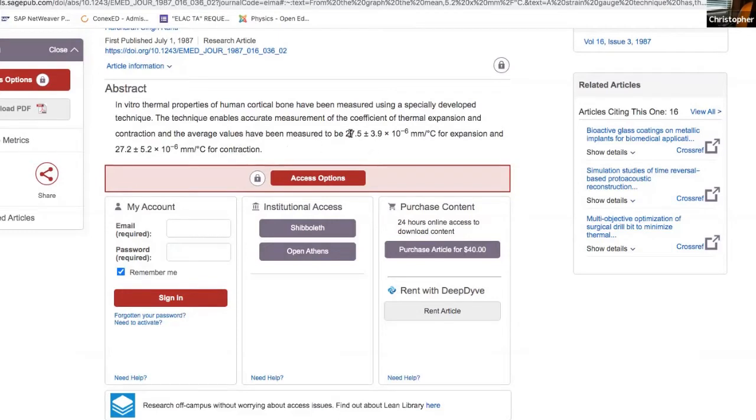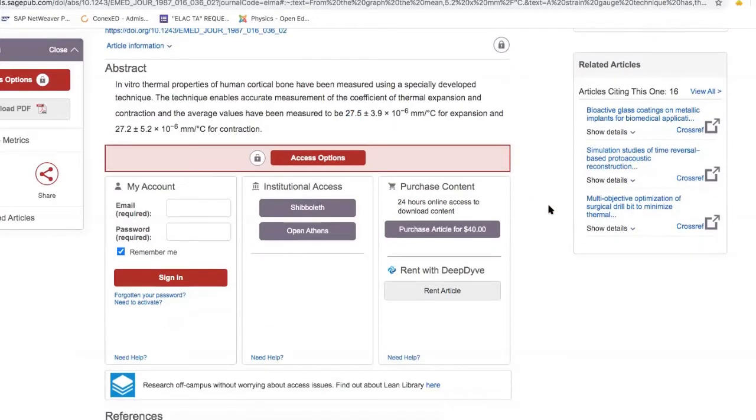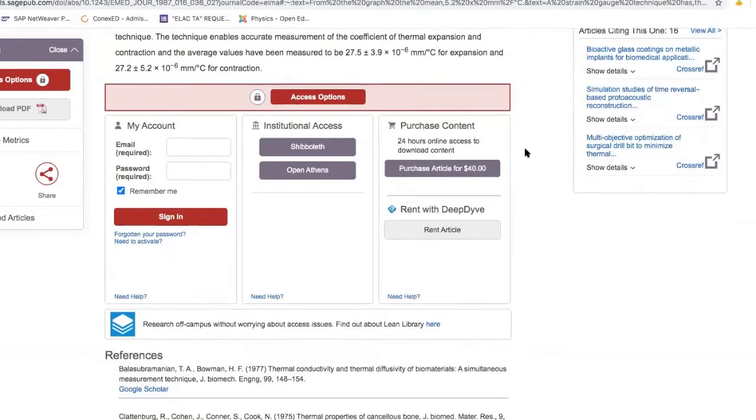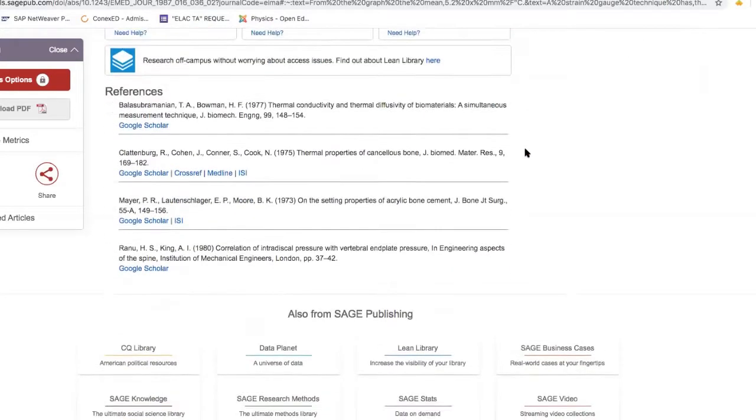So let's use the expansion one. But is this the beta? Well, it's only 1/17 10 to the minus, oh, it's in millimeters. There should be no units there, right? Because it should be just 1/Celsius. Right.